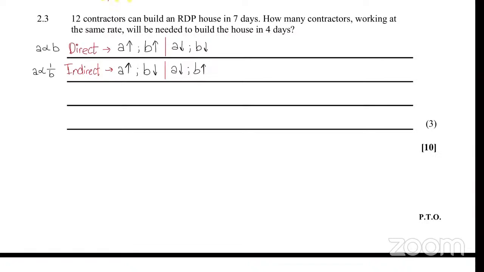Indirect as well. Okay, so the correct answer is indirect. Let's discuss why. Think of it as the more people you have, the quicker it will take to build. So the more contractors.